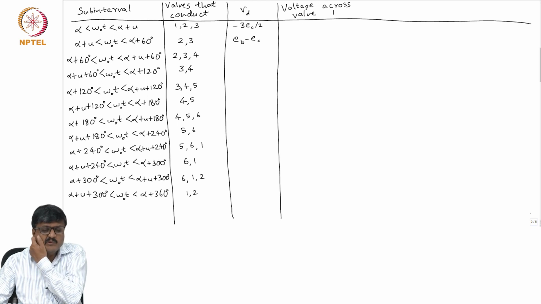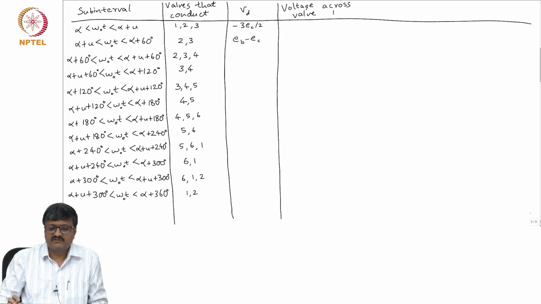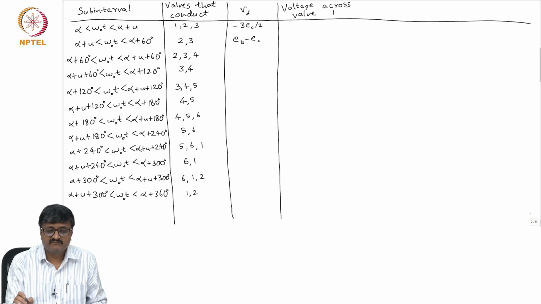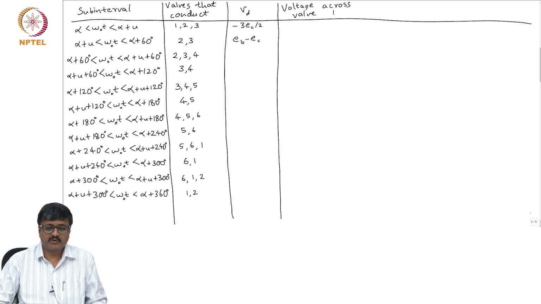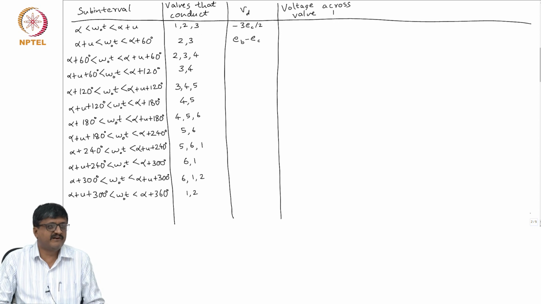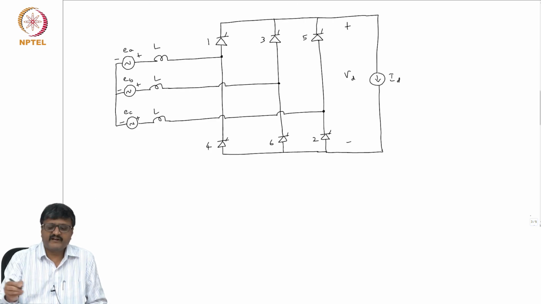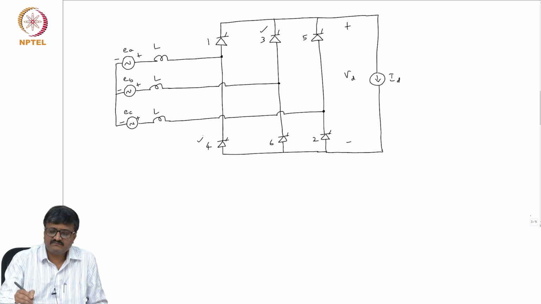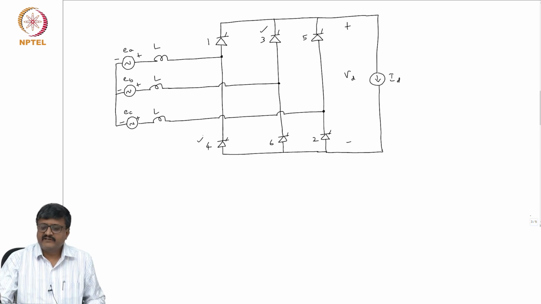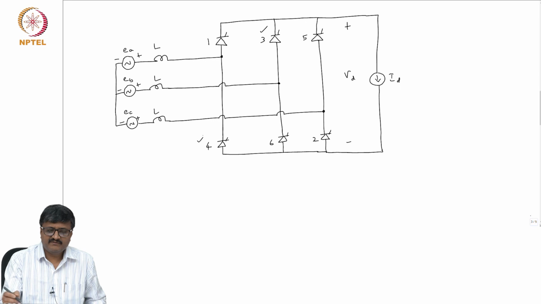As I said, it is easy to fill the third column wherever there are only 2 valves that conduct. If I take the fourth subinterval, 2 valves are conducting, 3 and 4. When 3 and 4 are conducting, the current ID is passing through the inductance which is connected in series with EB, and it is also passing through the inductance which is connected in series with EA.